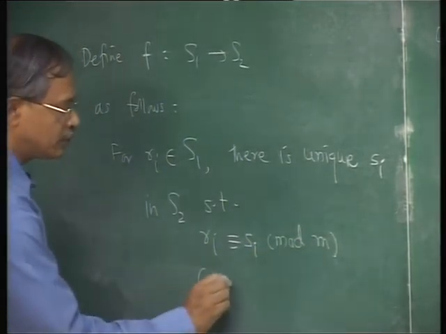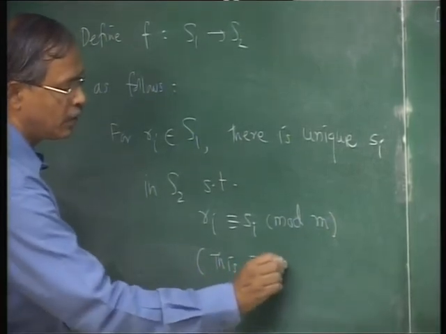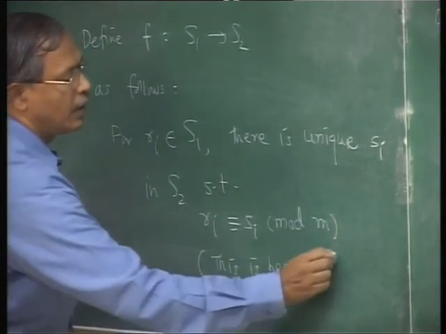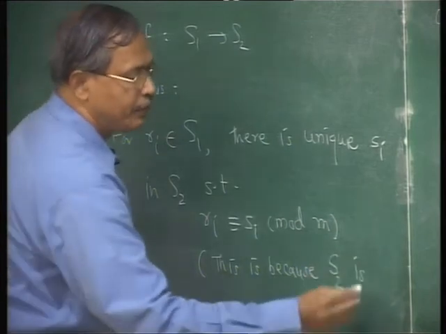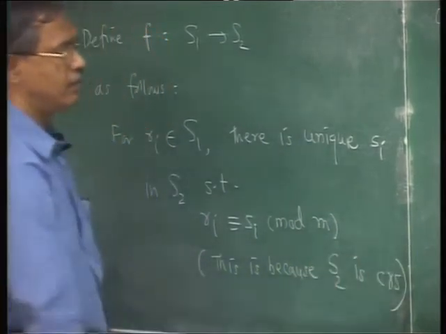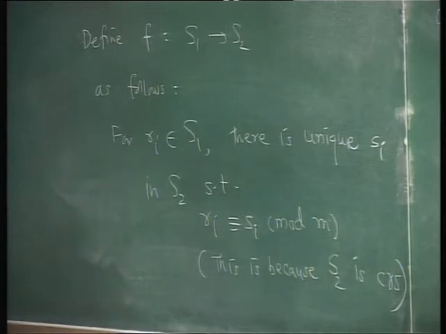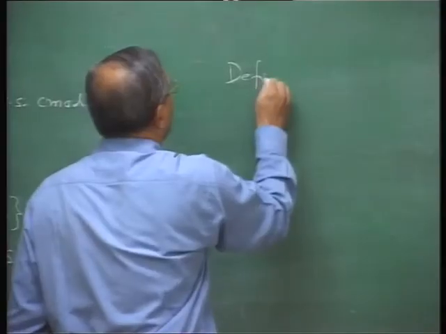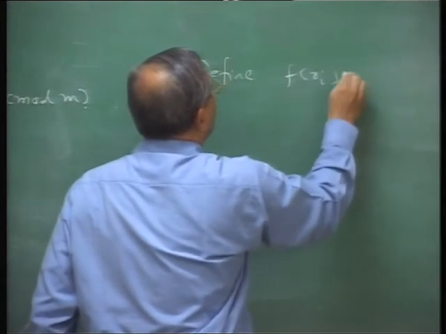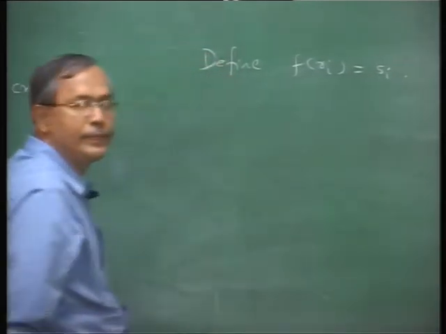This is because S2 is a CRS. Define f of Ri equal to small si.